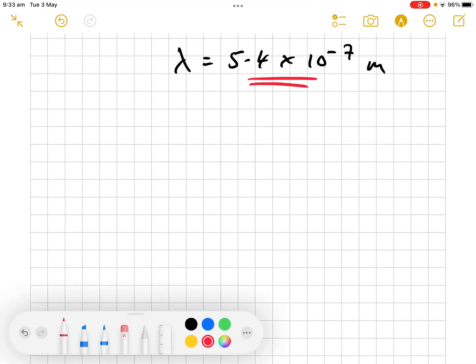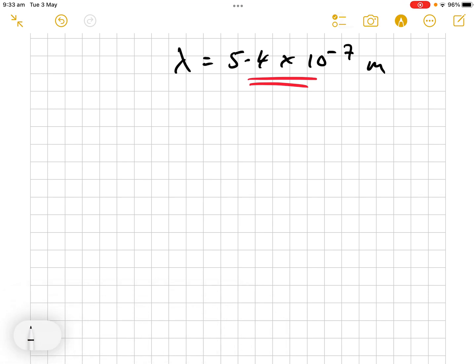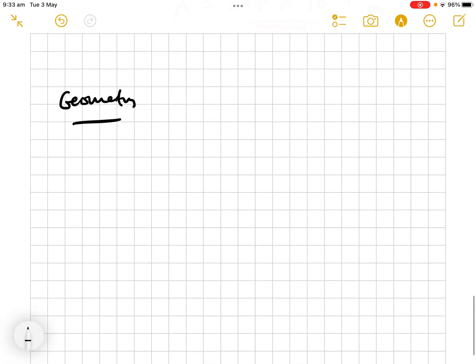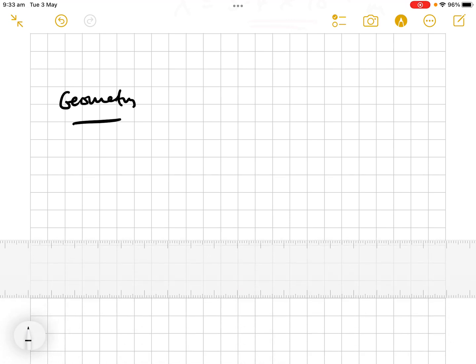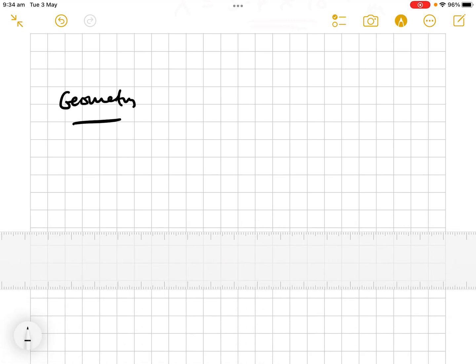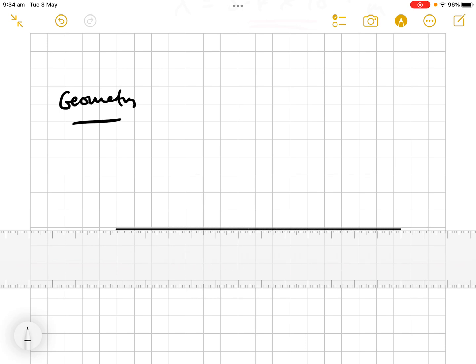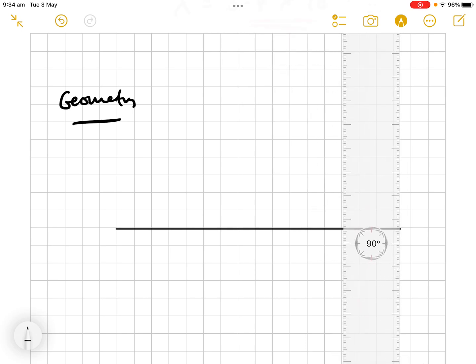Now a little bit of geometry of this situation. So we've basically got, from the centre of the grating, a line going to the screen, and so that would be the m equals 0 position.